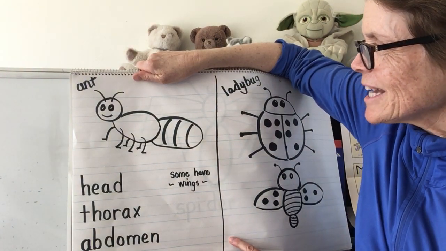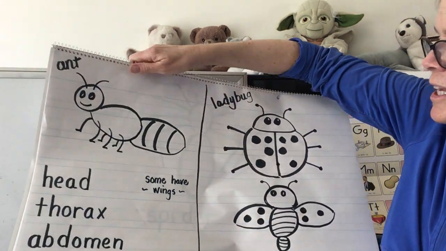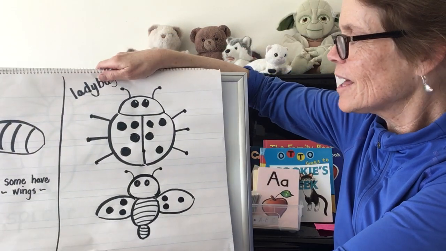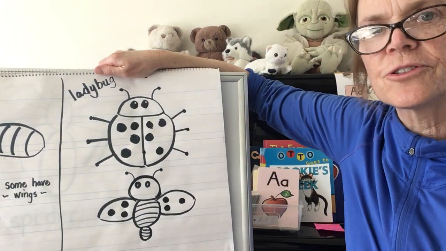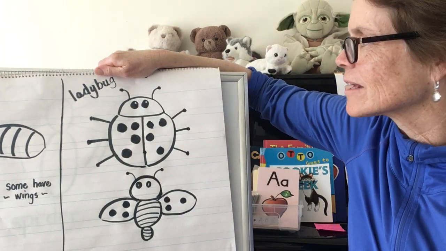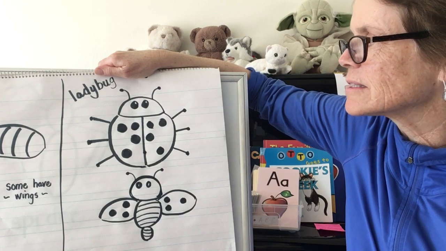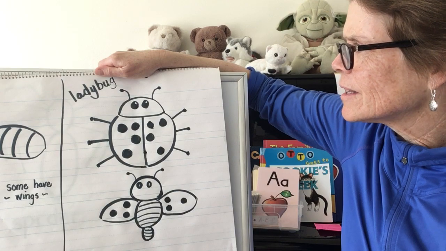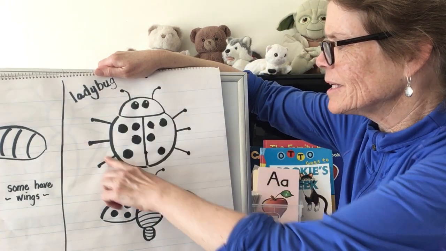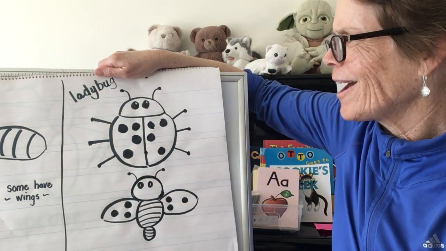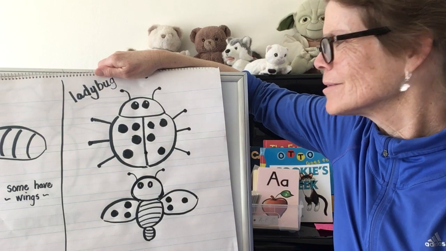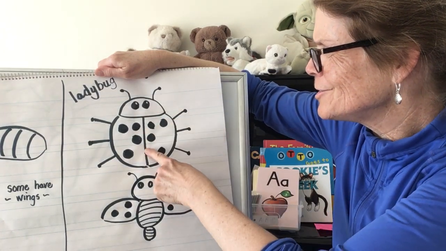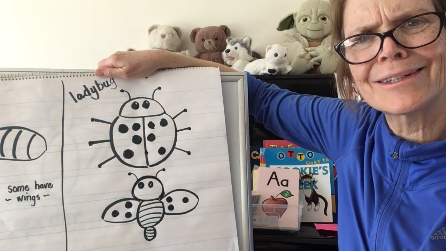So some insects have wings too. So right here is another kind of insect. We read the story earlier about the 10 little ladybugs. Ladybugs are insects. When I look at the ladybug up here though, I'm thinking, I don't see 3 body parts. I see 1, 2 body parts. That's tricking me.